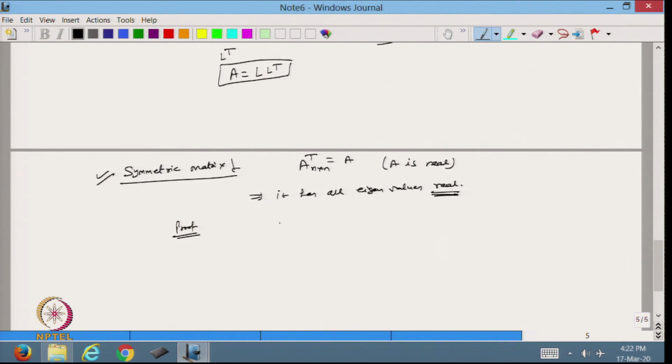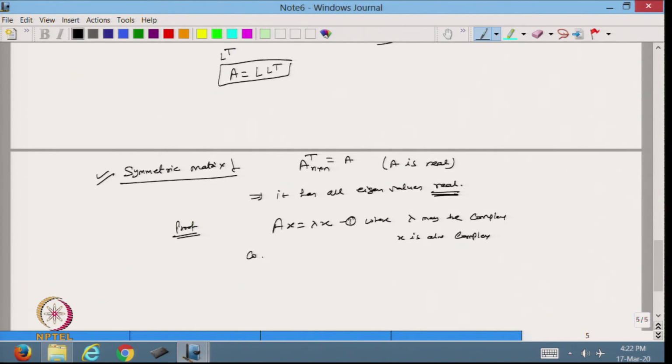I know that for the eigenvalues I can write Ax is equal to lambda x, where lambda may be complex, because I do not know. I have to prove whether it is real or complex. So, if lambda is complex, A is real, so x is also complex. Now, what I do is that I take the conjugate.